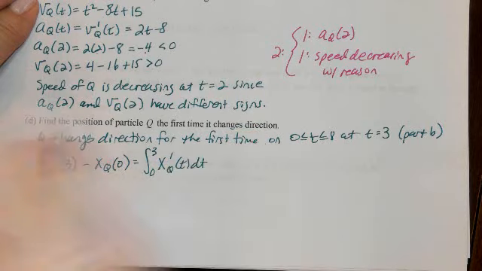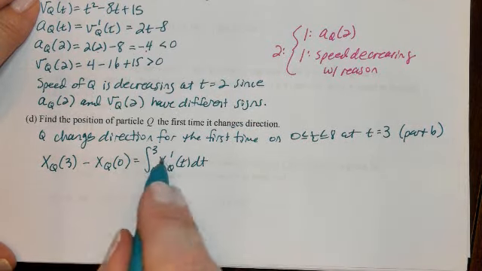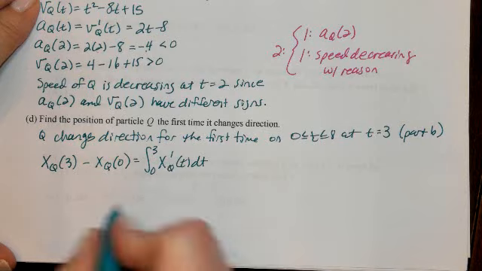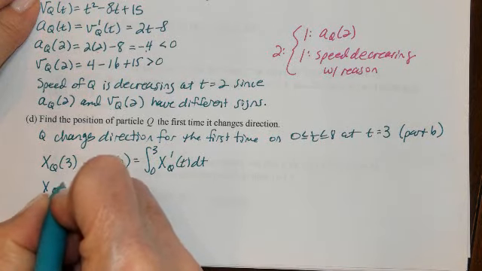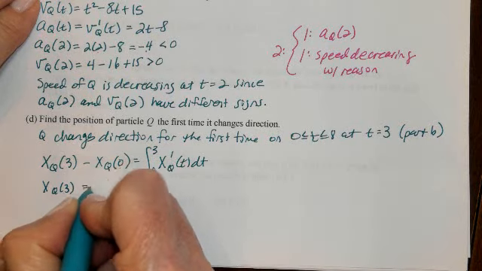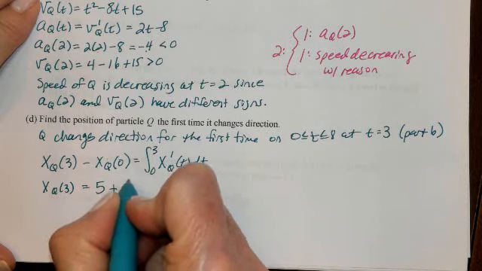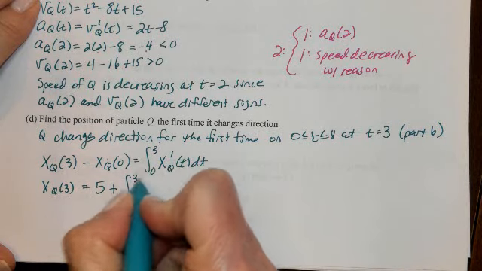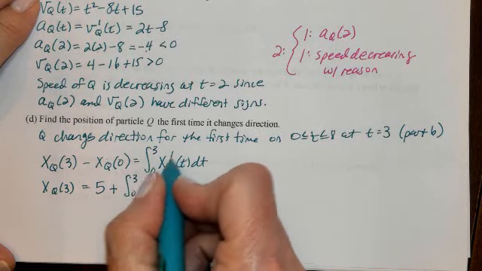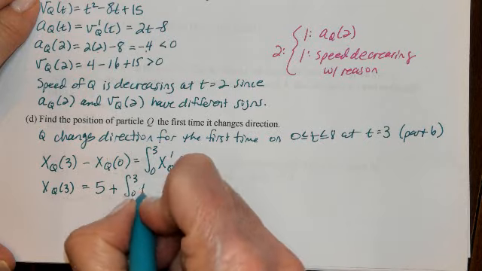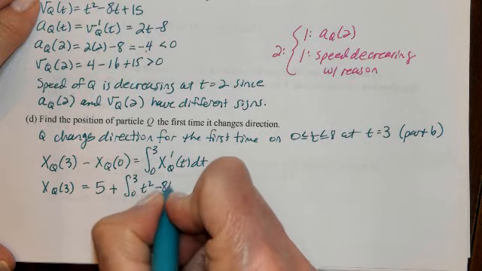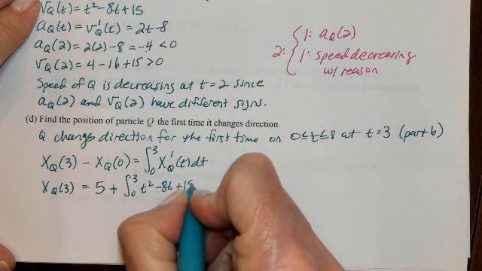First fundamental theorem. This is our velocity of q, right? So x sub q at 3 will equal, this is 5, and I'm going to bring it to the other side. And this is our velocity of q, which is t squared minus 8t plus 15.